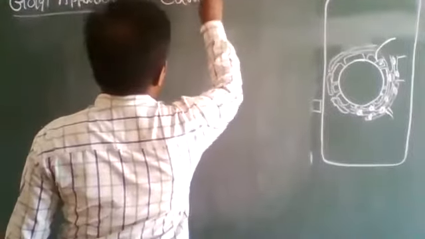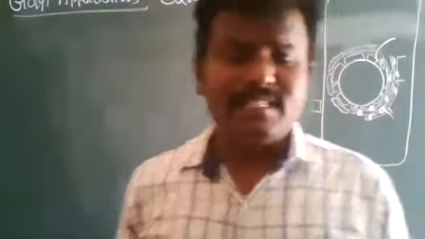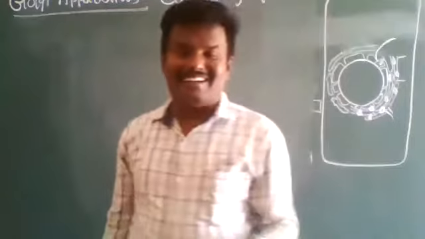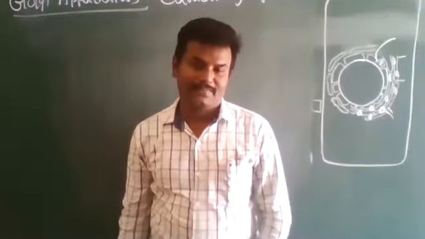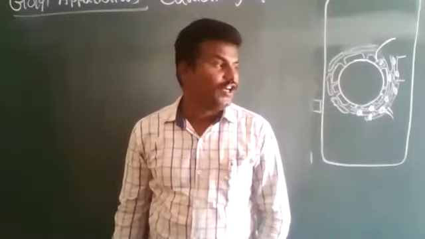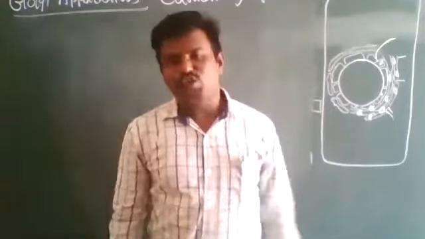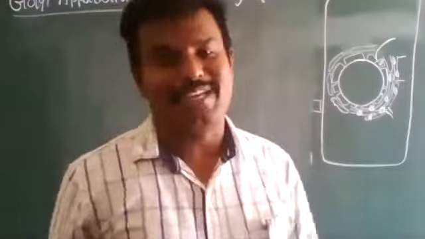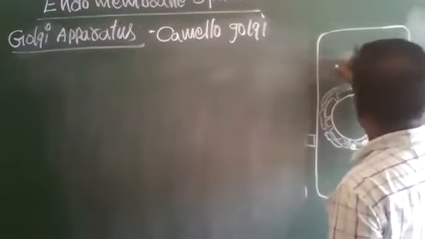Golgi was the first scientist who observed a dense, thick colored, staining structure near the nucleus in the cytoplasm of eukaryotic cells. That is called Golgi complex. Okay, near the nucleus, see here, it is like this.